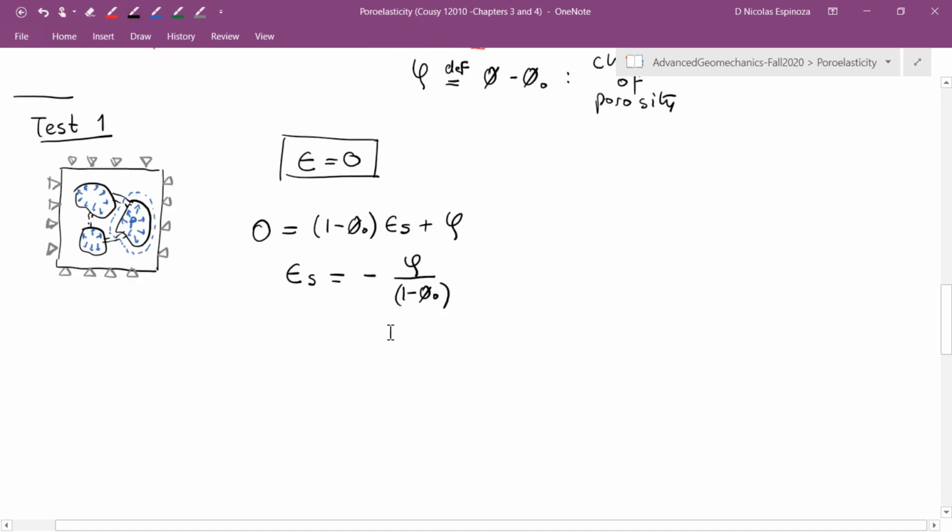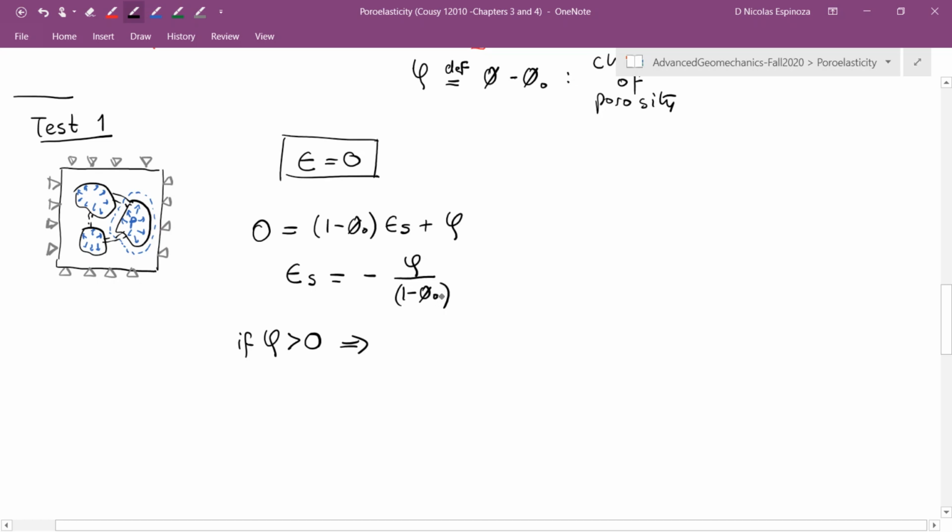If I apply pressure, then the porosity would increase, right? And if the porosity increases, that means, according to this equation, that the change of porosity is going to be higher than 0.